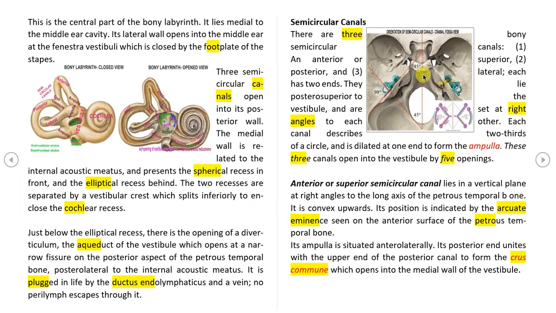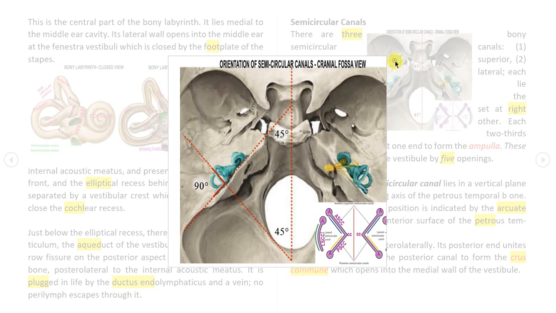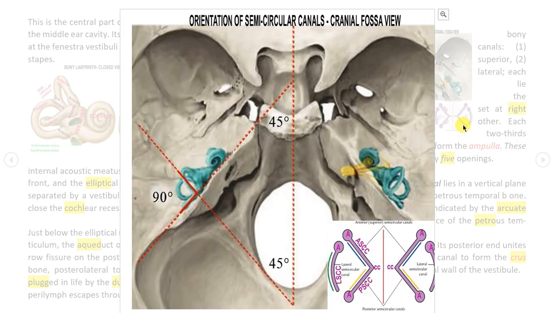See here, this is transverse section of skull bone. You can make out here anterior cranial fossa, middle cranial fossa, and here posterior cranial fossa. This one is your petrous temporal bone, obliquely placed. Somewhere here you have your middle ear cavity.